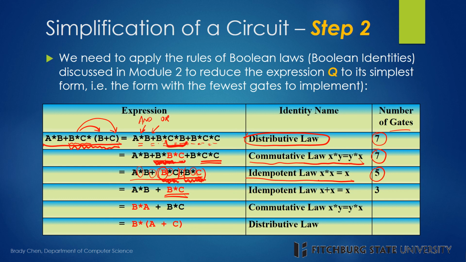Okay, so that's the other version of idempotent. The first top one is called AND form. The other one is OR form.